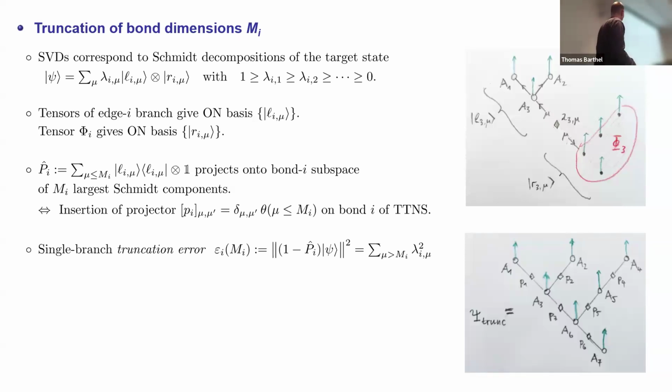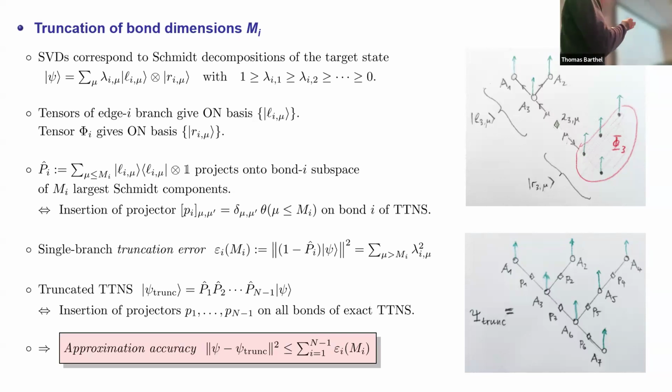For a single projector, it's easy to determine the associated loss of accuracy. We just compute a norm loss, which is given by the so-called truncation error, the square sum of the truncated singular values. Now, of course, we don't want to truncate on one side only, but we want to get certain bond dimensions M_i on every bond.